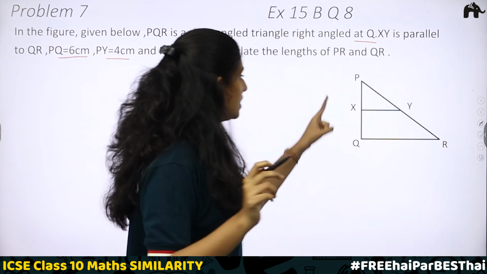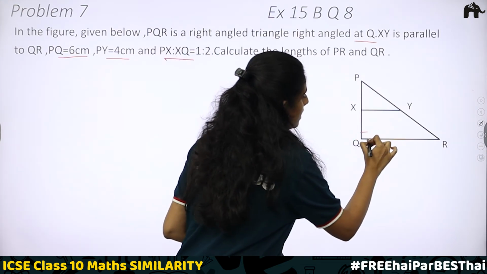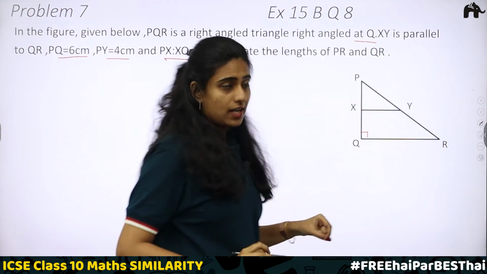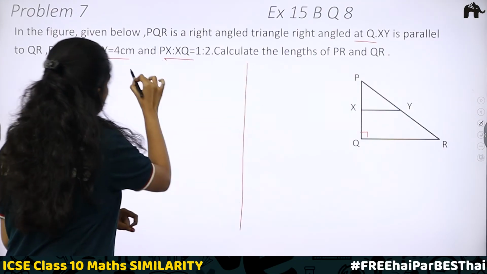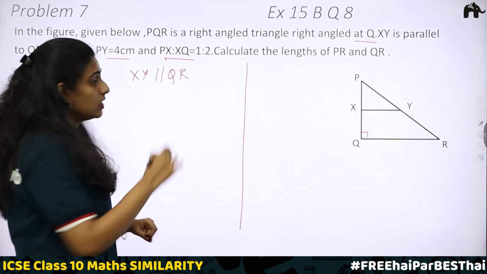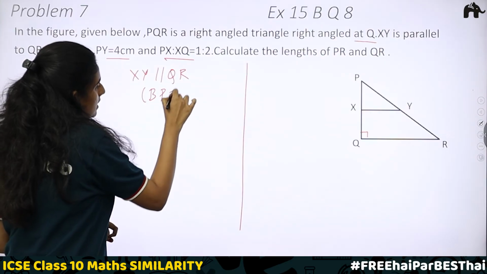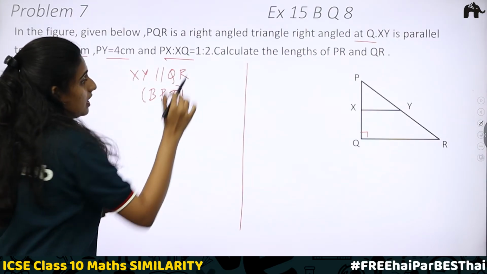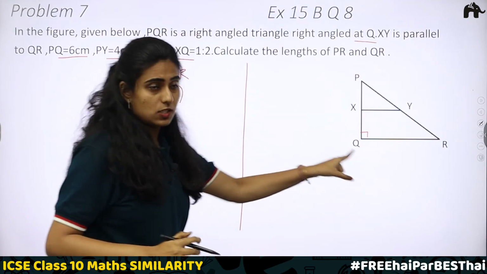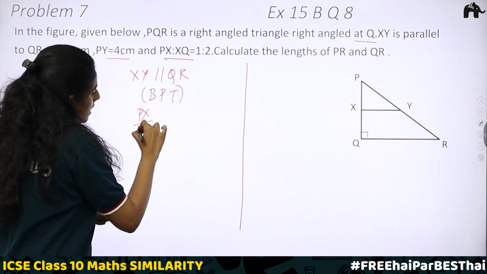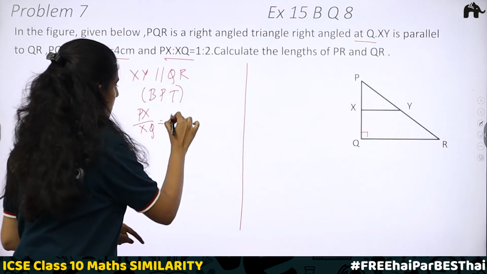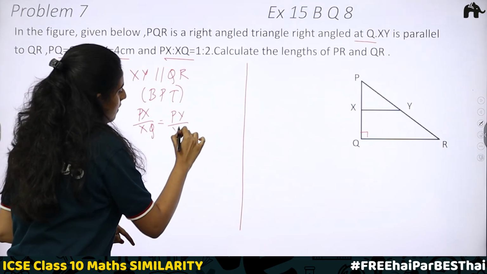Here we have the triangle which is right angled at Q. Then we have XY parallel to QR. If XY is parallel to QR, then according to the basic proportionality theorem, we have the ratio of the sides PX by XQ equal to PY by YR.